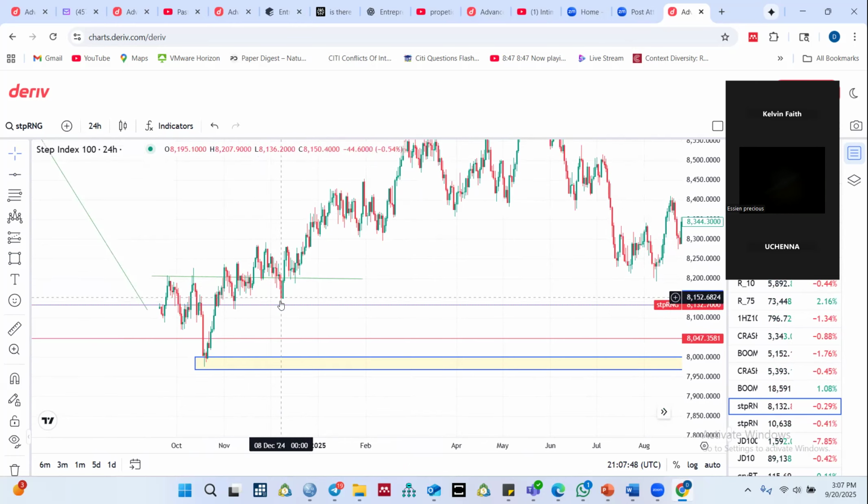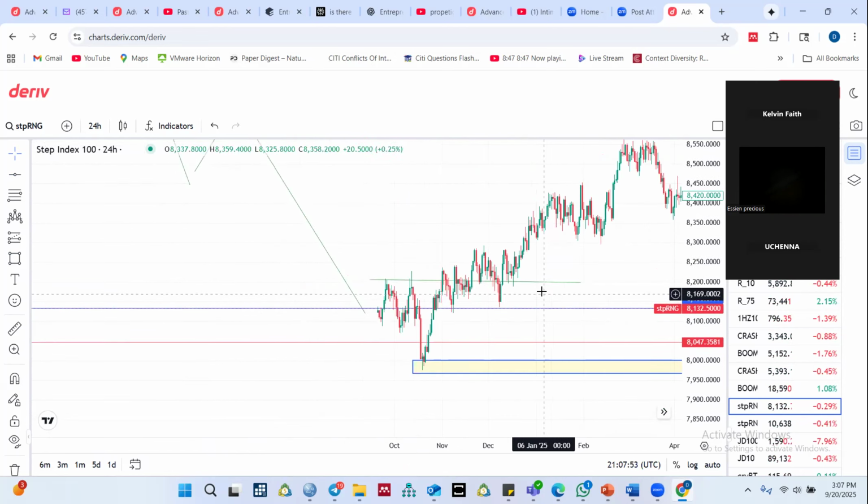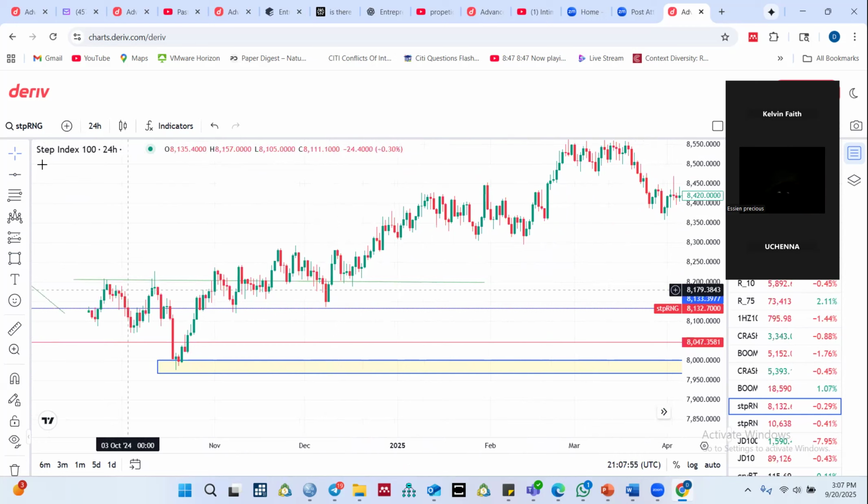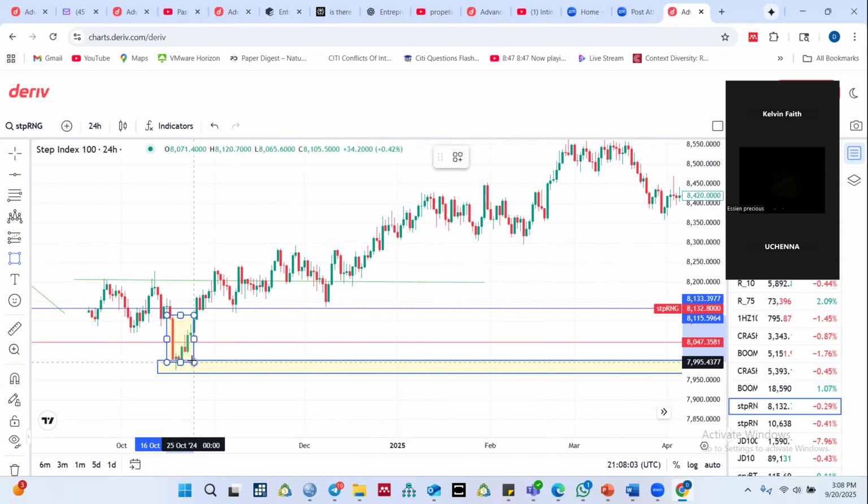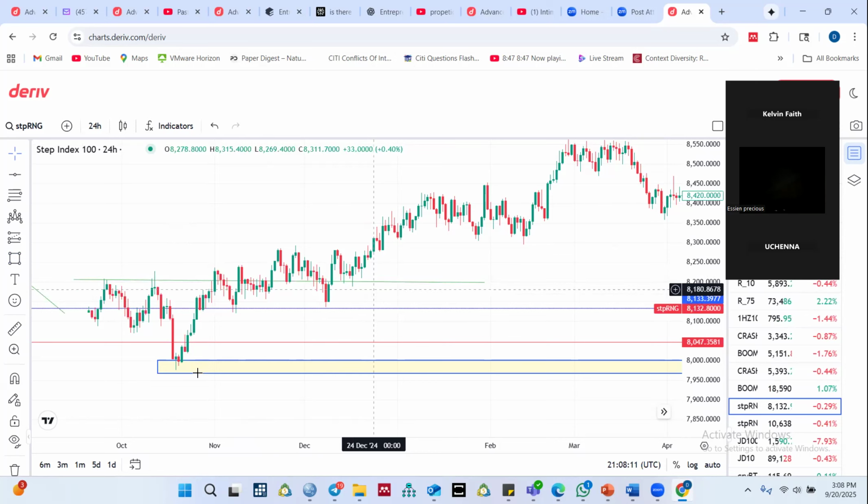Price has used that blue line to go up. If you can see, good. And we can also see that price has used that same blue line to fall down in this bearish candle here. So with just this, we can say that above the blue line, price buys, and below the blue line, price sells.